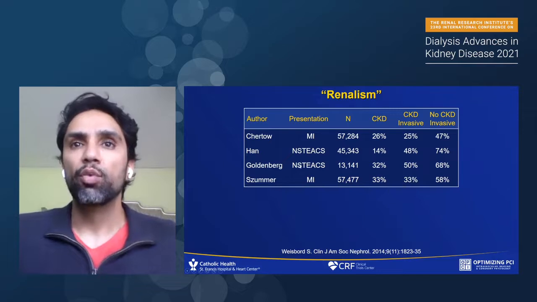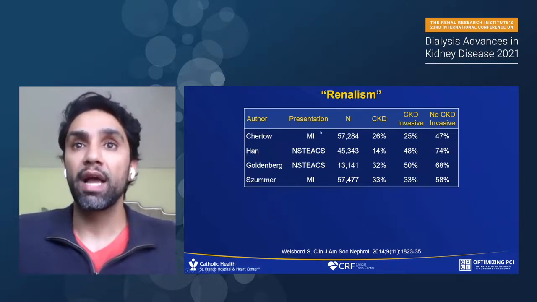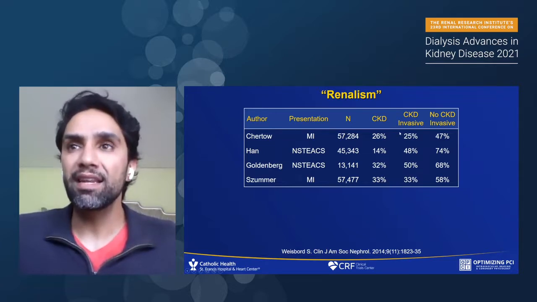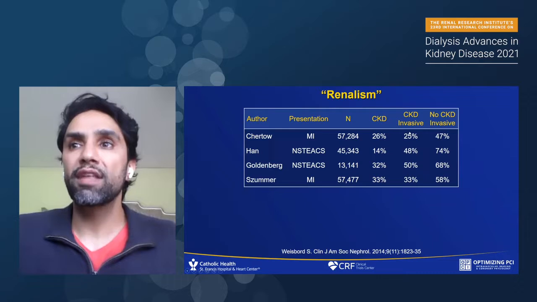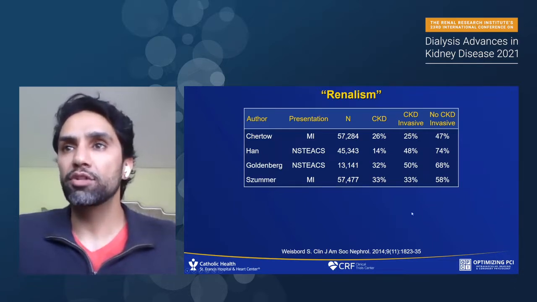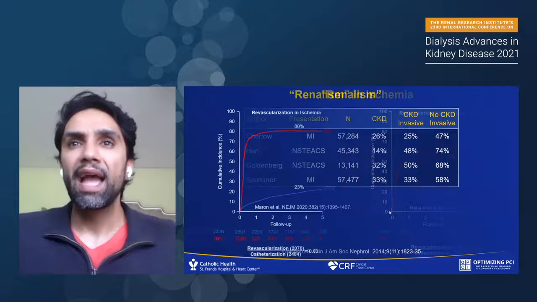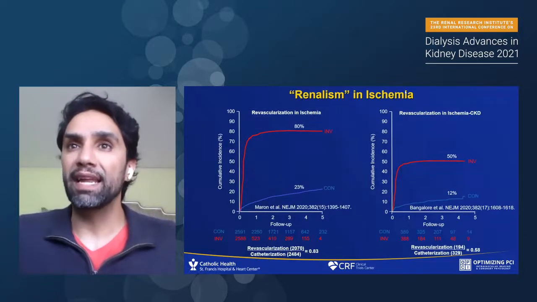Here's a study which looks at patients who have a clear indication for revascularization, i.e. a heart attack. It doesn't get more clear than that. Big numbers, but you'll see that the incidence of revascularization in the CKD patient population is considerably lower than in those patients without CKD. And this concept of renalism even happens in the contemporary age.